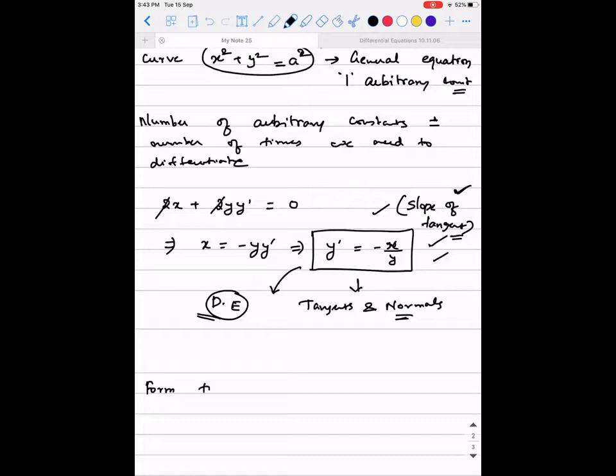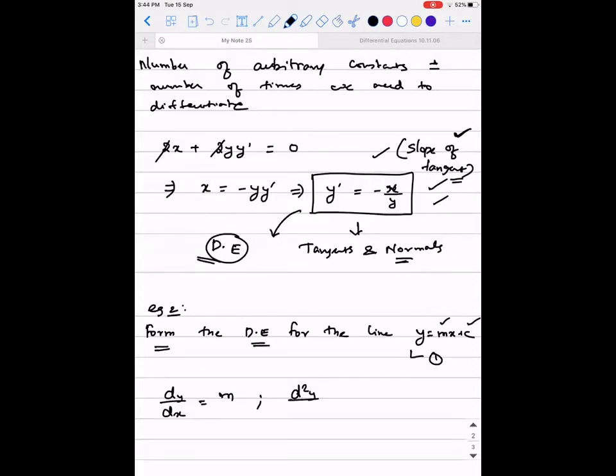So how many are there? We have arbitrary constants, so always take the constant to be 1. Then dy by dx, d square y by dx square will be equal to 0. So this would be the required differential equation.